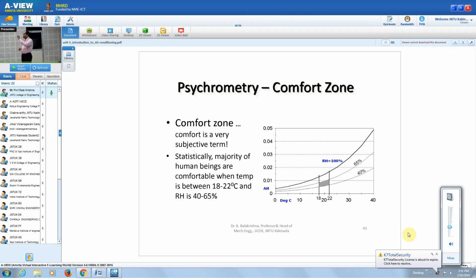I am giving 21 degrees temperature, you mark this point, and this is 50% relative humidity. Then from this point, you can calculate all the remaining things. What is the specific volume? What is the enthalpy? And you can also calculate the WBT and the specific humidity ratio.